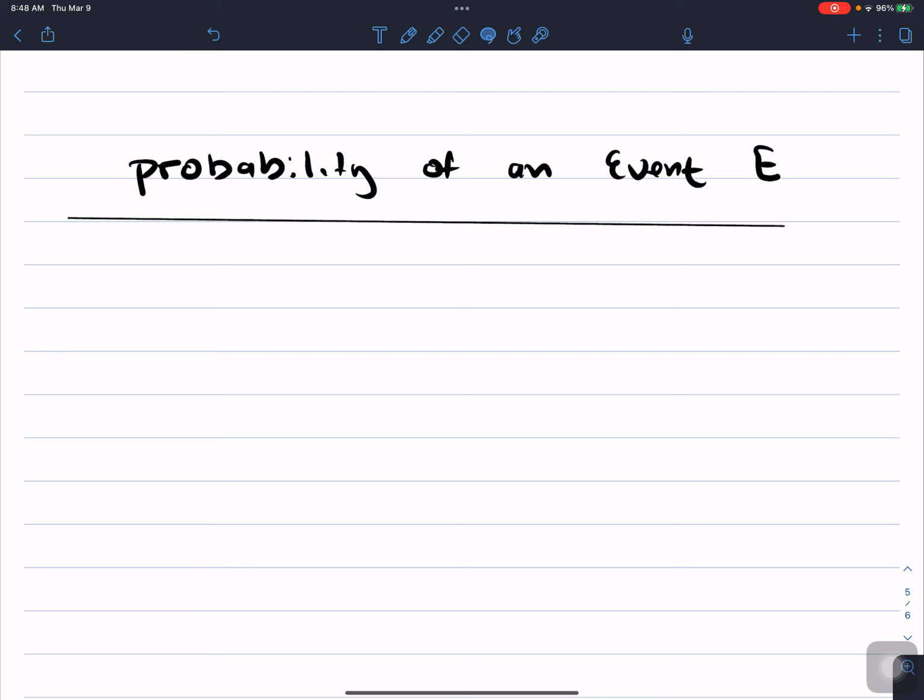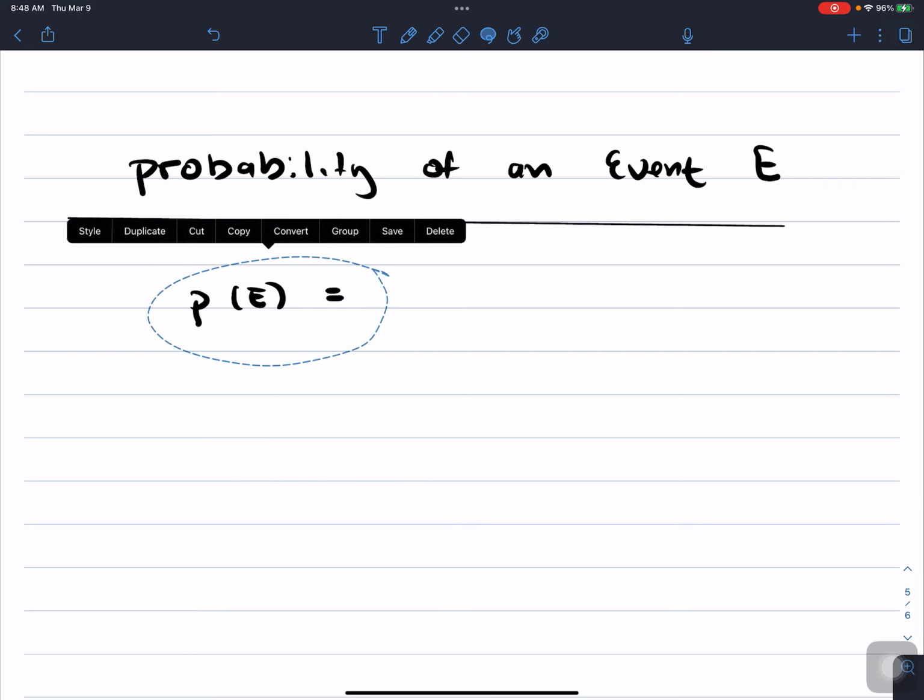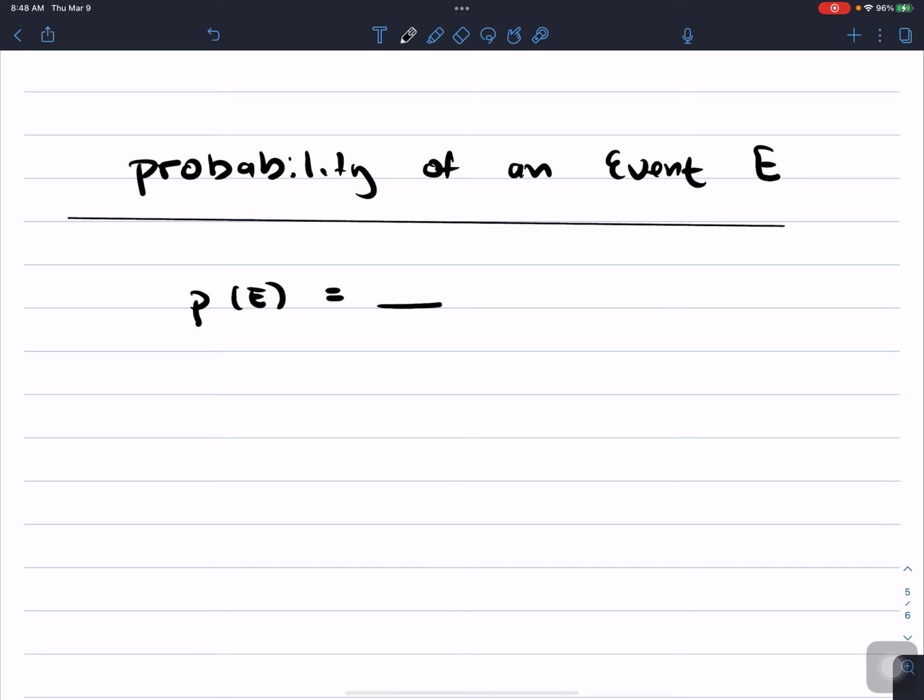Nevertheless, let's give you guys the definition of probability of an event. Okay? So here we go. It's going to be the number of outcomes in the event to the number of outcomes in the sample space. Okay? So you're going to have two numbers here. You got a numerator.